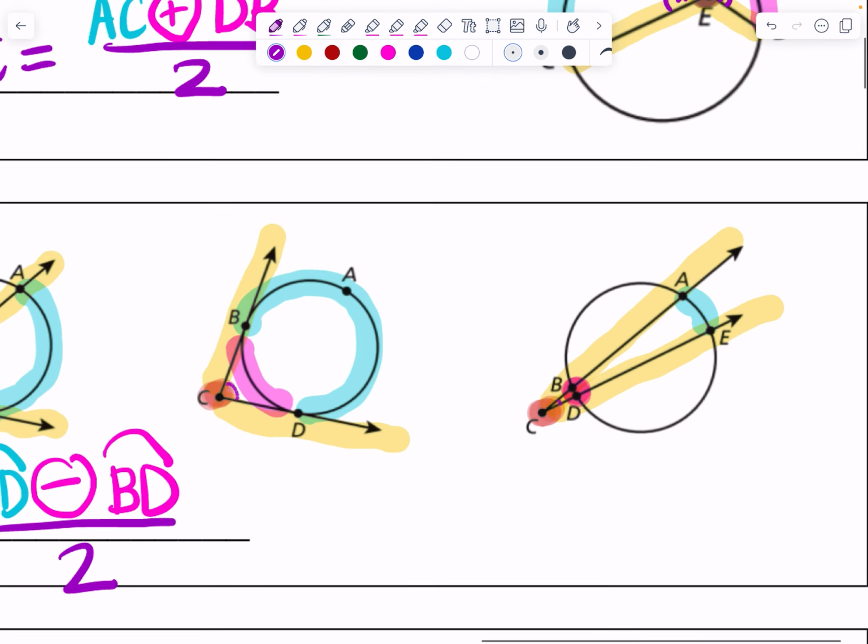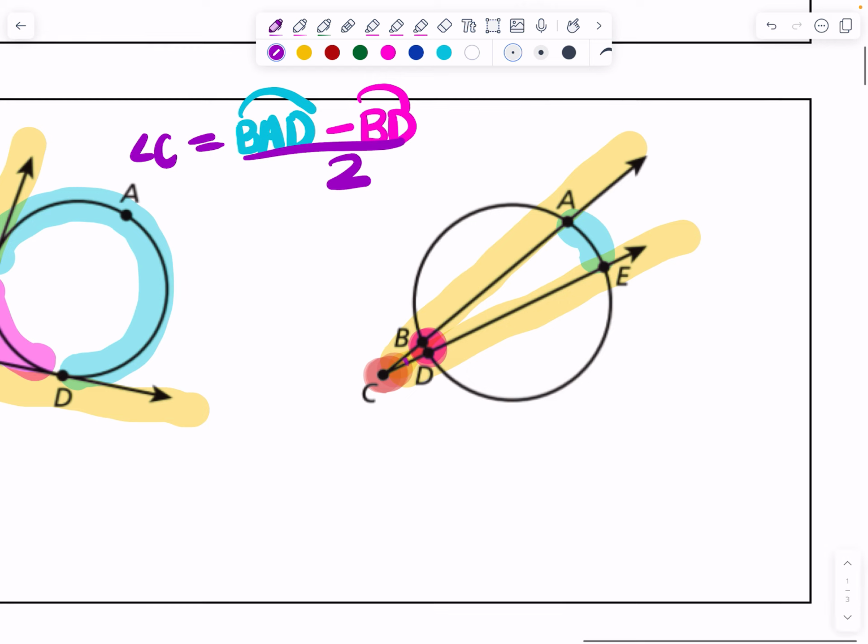In this next picture, angle C is going to be equal to major arc BAD minus minor arc BD, still divided by 2. So still the big arc minus the small arc divided by 2. And then on this last one, same thing, angle C is going to be equal to the blue arc AE, the bigger one, minus BD divided by 2.